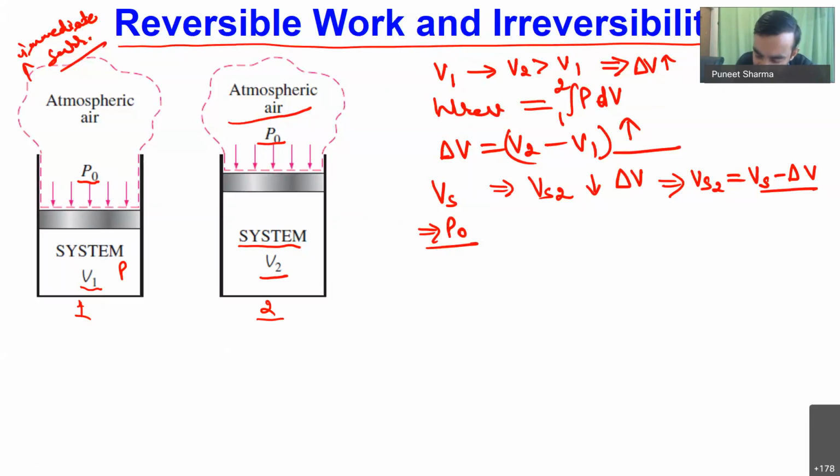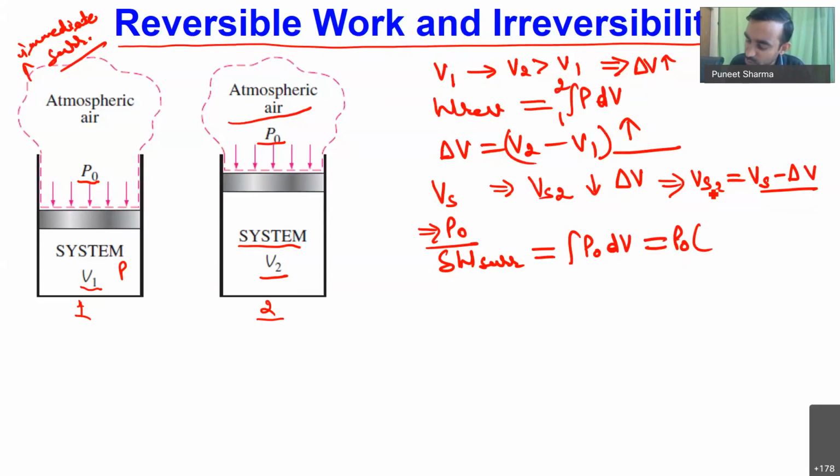So I can say that we have some surrounding work, which is equal to integral P naught dV. As I told you, on the surrounding side of the piston we always have a constant pressure P naught acting on the piston. That's why I write P naught as constant. So P naught times integral dV, from V2 to V1.